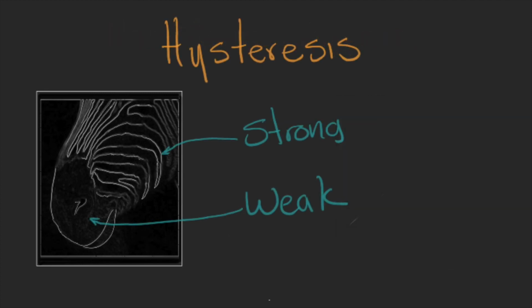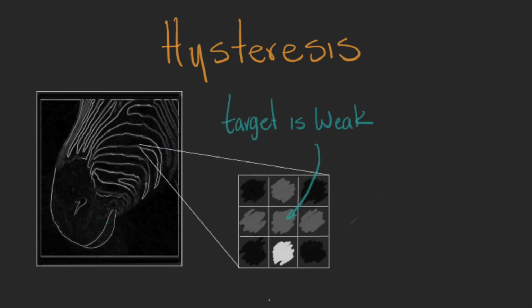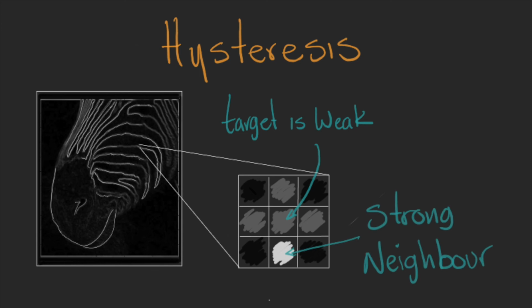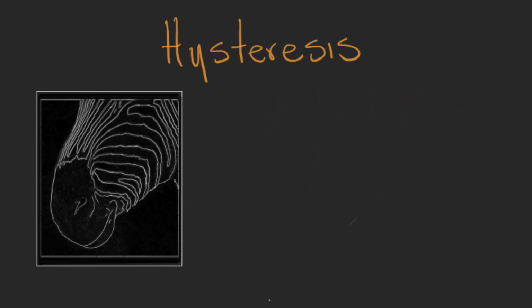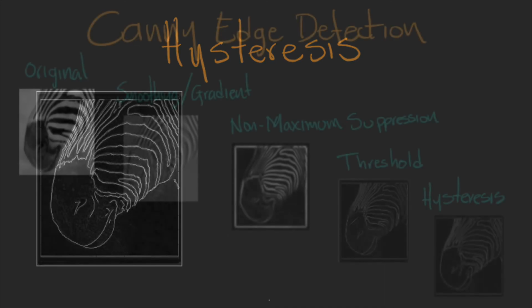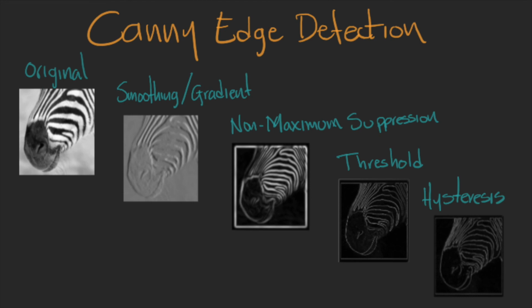With hysteresis, we're going to check each of the weak pixels, and if the current location is surrounded by a strong pixel, then it will also become strong. This will convert those pixels that had a lower magnitude value, but were close to or part of a strong line. Finally, we remove the remaining weak pixels, and this whole procedure is called the Canny edge detector.